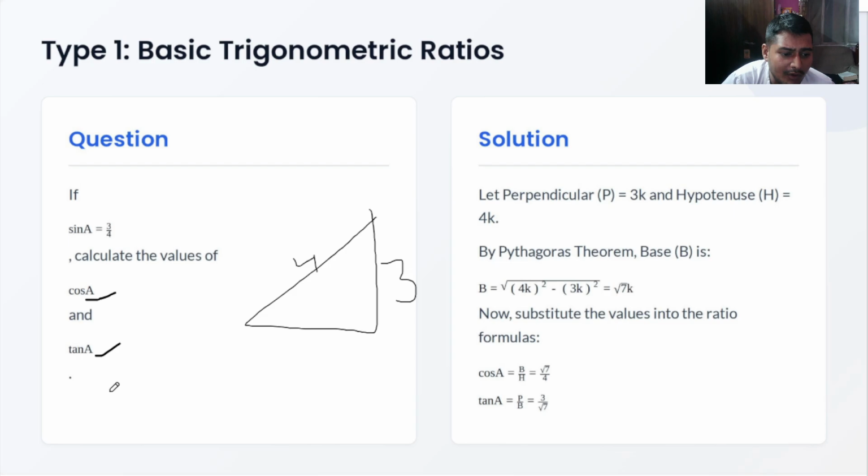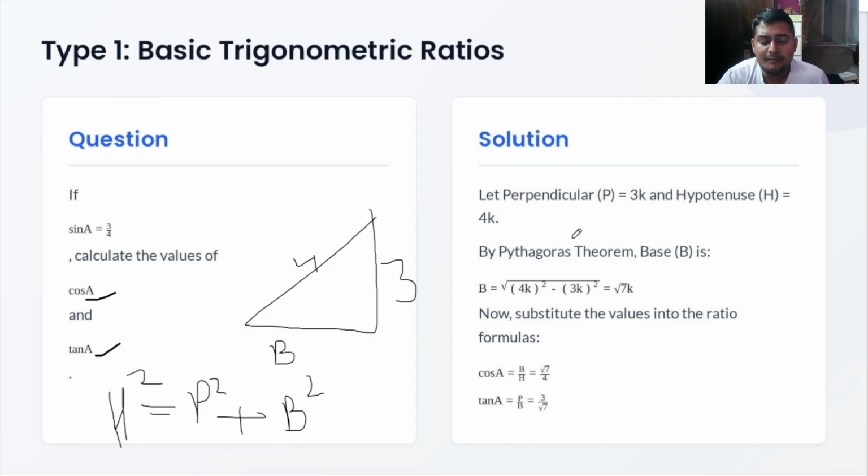Then from the formula h square equals p square plus b square, we can find out the base.